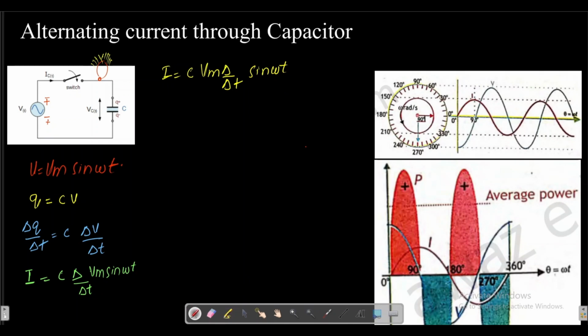If we apply the calculus here, the differentiation of sine theta will be cos theta, and therefore we can put here CVm. The sine will be converted into cos omega t, del omega t divided by del t.